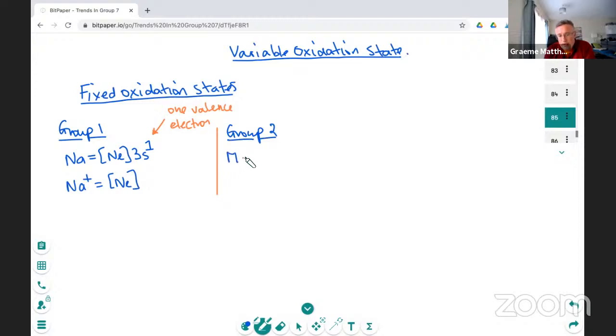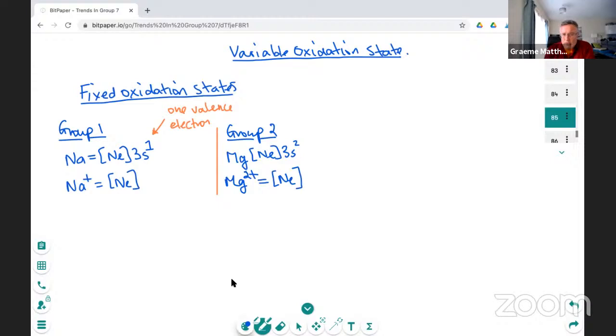Magnesium, same exact argument could be used, right? Magnesium is going to be neon 3s2. And so the ion is going to be magnesium 2+. So you're thinking, right, which is just going to be isoelectronic, the same electronic configuration as neon.